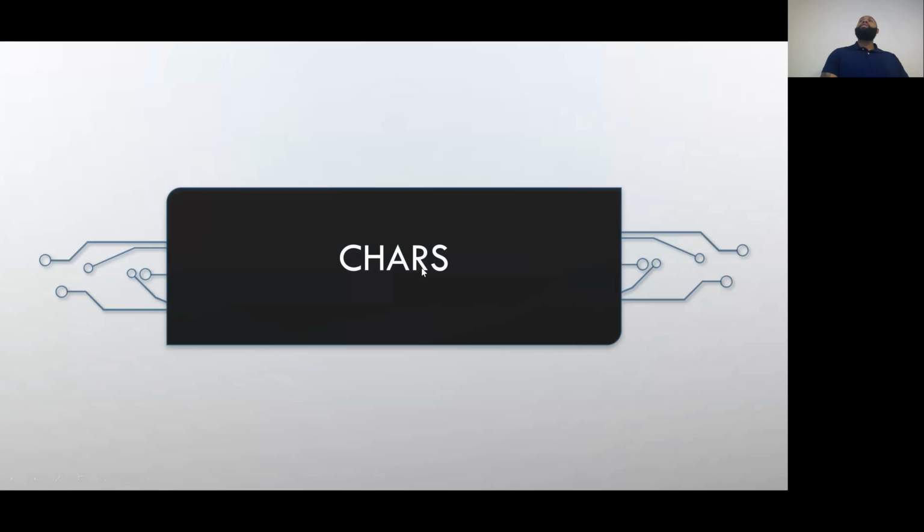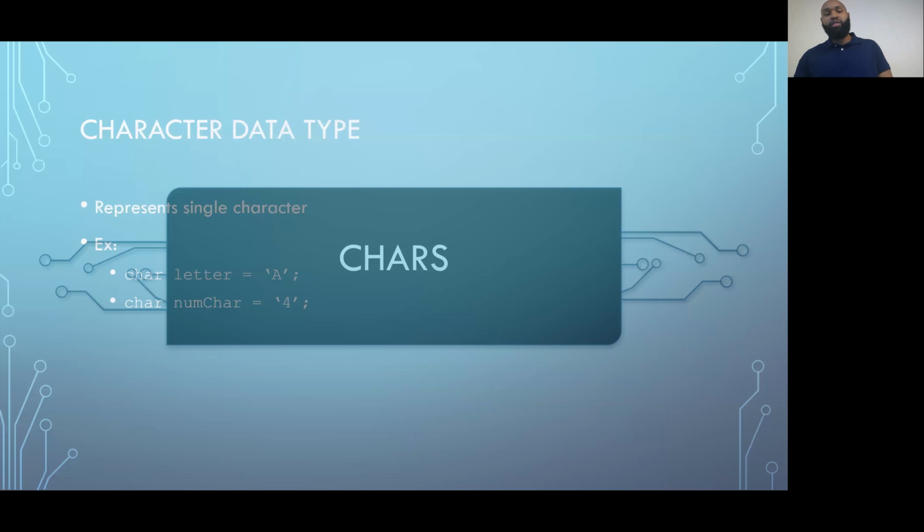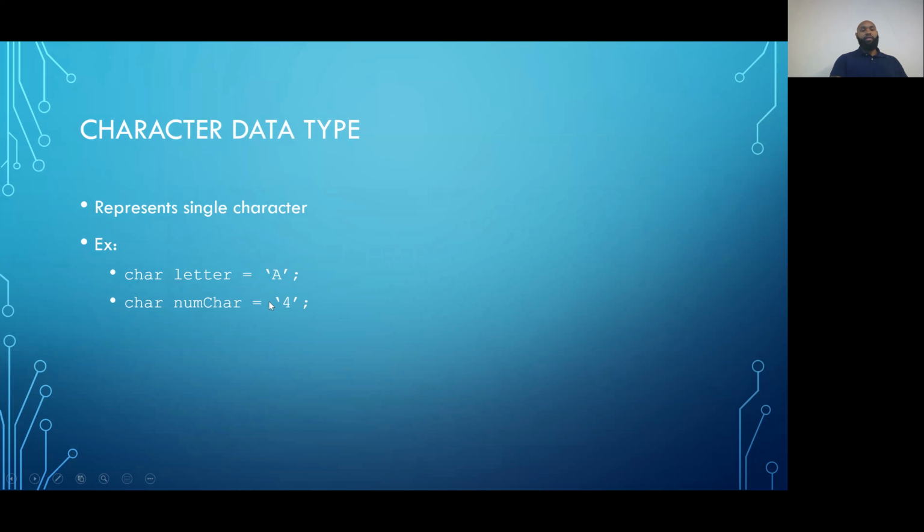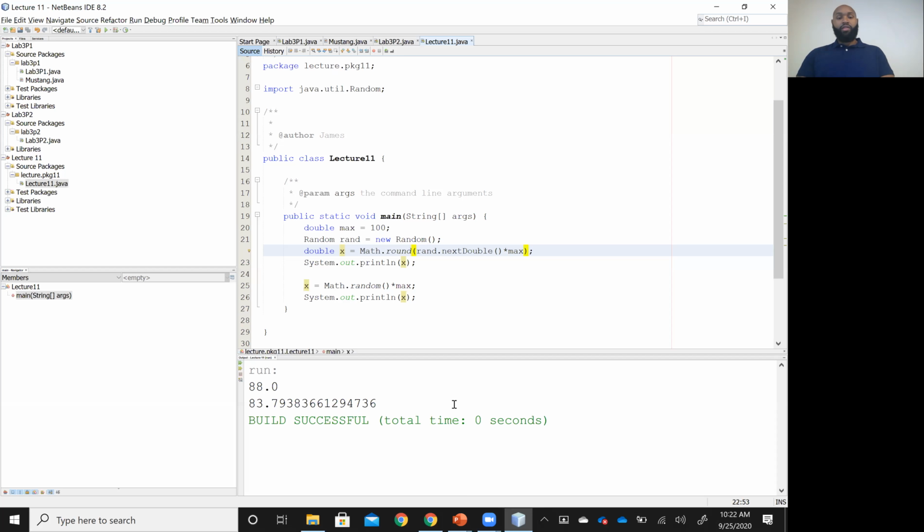All right. So now let's move on to characters. Again, characters are one letter. It could be a letter, it can be a symbol, a number. It doesn't matter as long as it's in between those single quotation marks. So right here, see those single quotation marks? That's a character, right? Note the single quotation marks. Double quotations would make this a string.